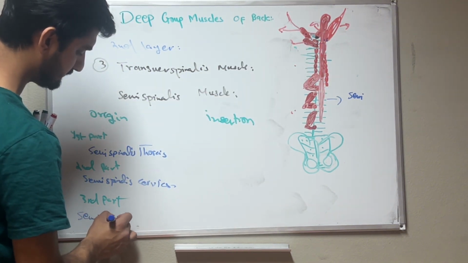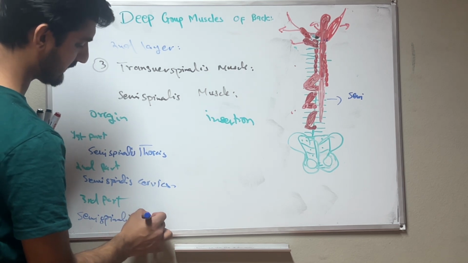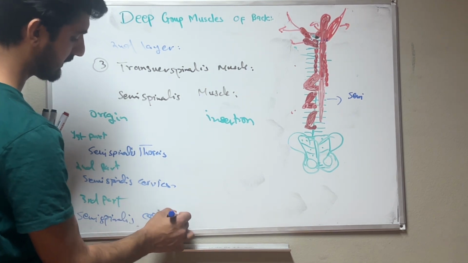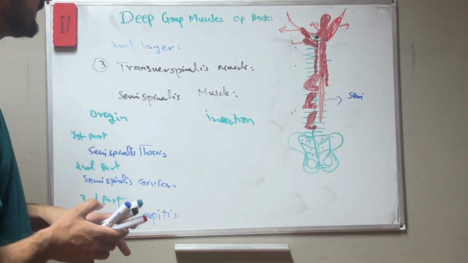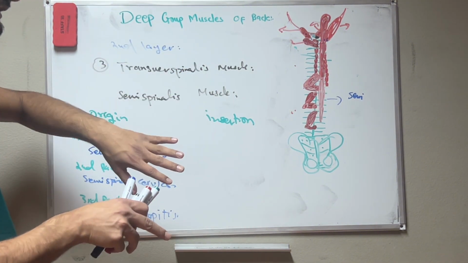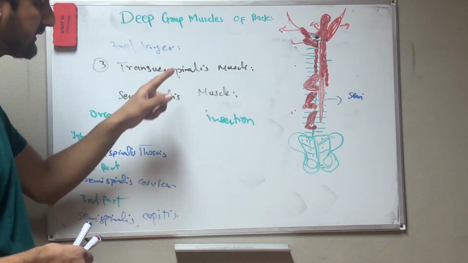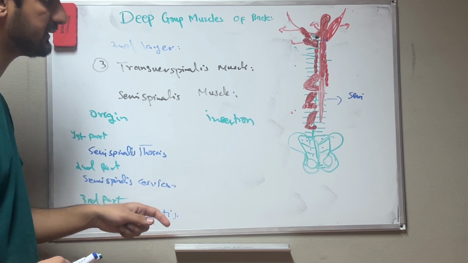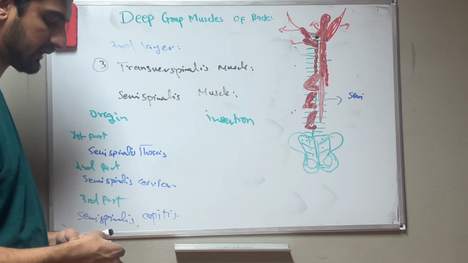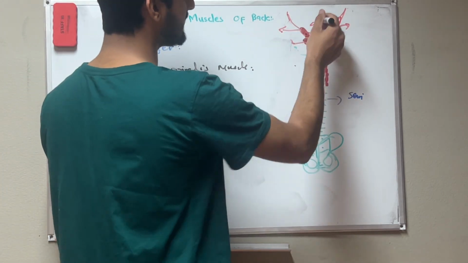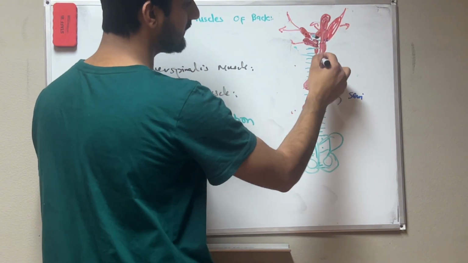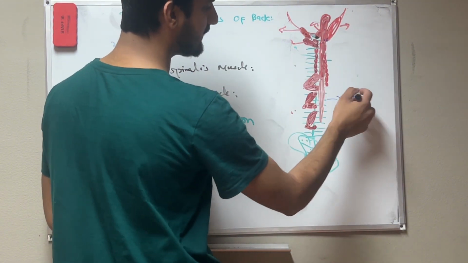These are the three parts of the semispinalis: semispinalis thoracicus, semispinalis cervicus, and semispinalis capitis. This is the capitis region, this is the cervical region, and this is the thoracic region.